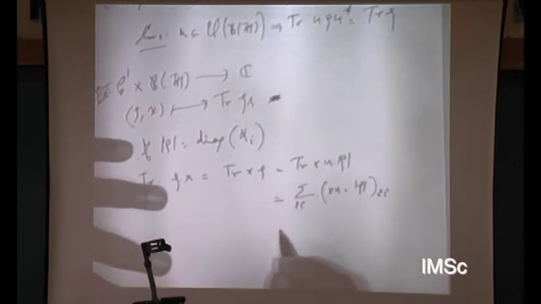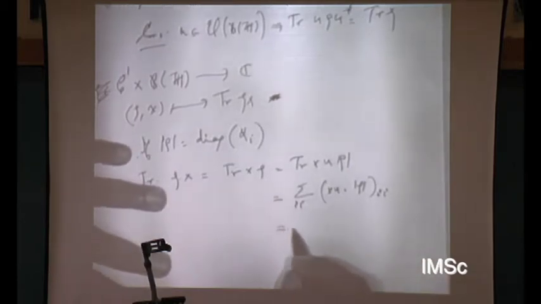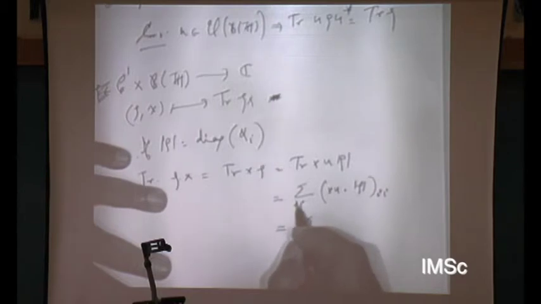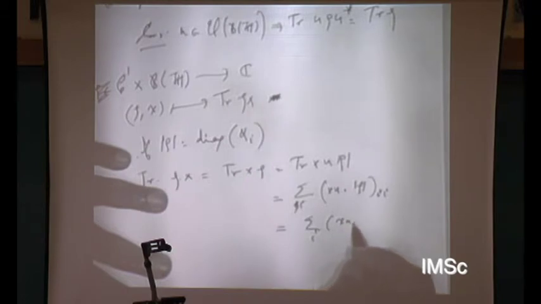So what do you get? This is going to be the sum over i, not sum over ij, sum over i, of xu ij times alpha j.